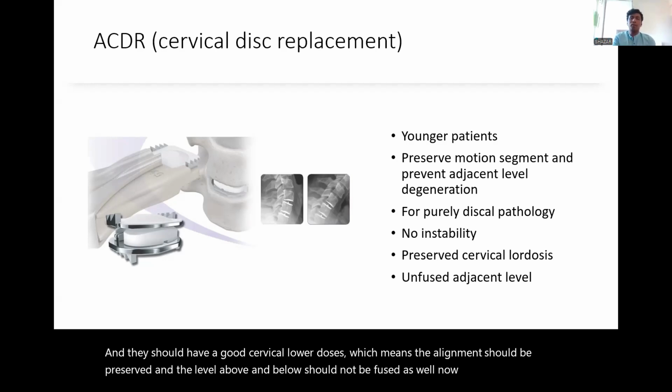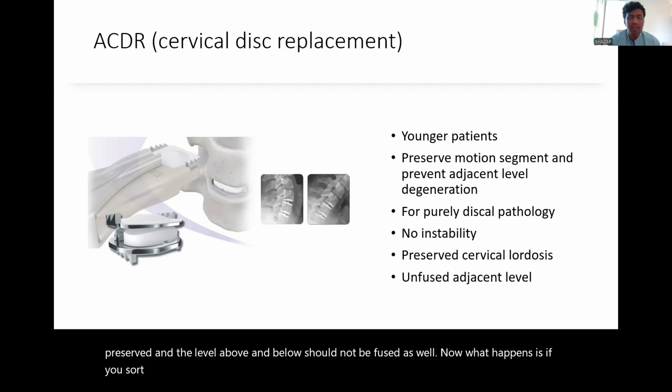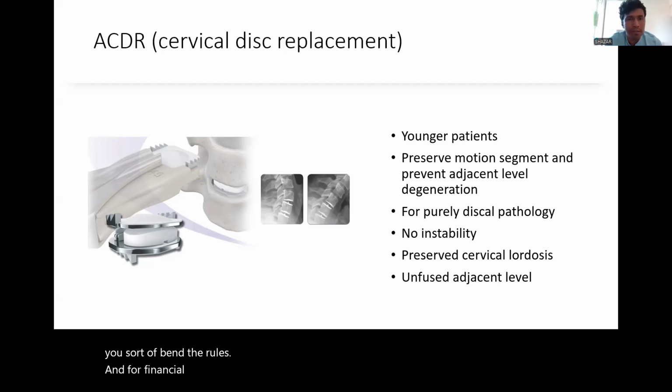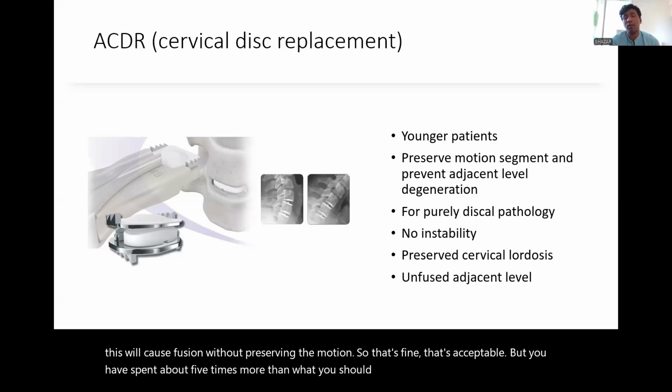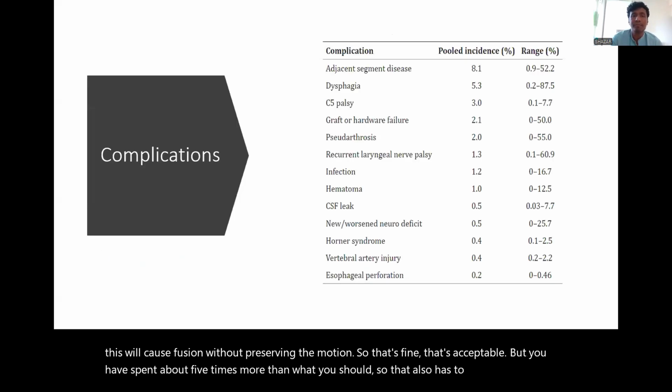Now, what happens is if you bend the rules and for financial gains apply one of these to a patient for the wrong cause, eventually this will cause fusion without preserving the motion. So that's fine, that's acceptable. But you have spent about 5 times more than what you should. So that also has to be borne in mind.